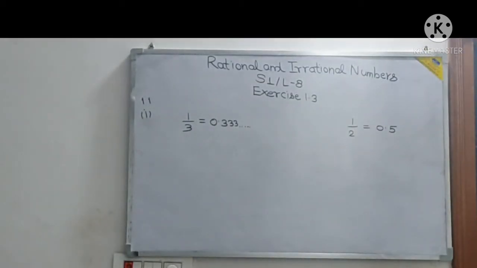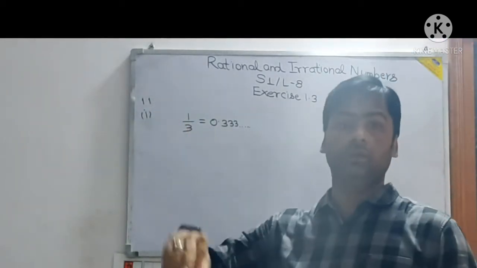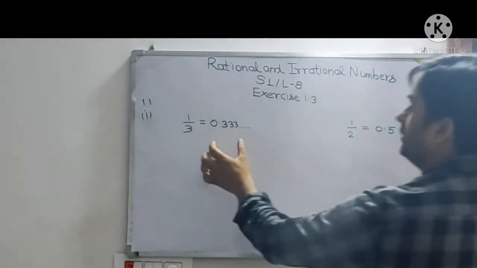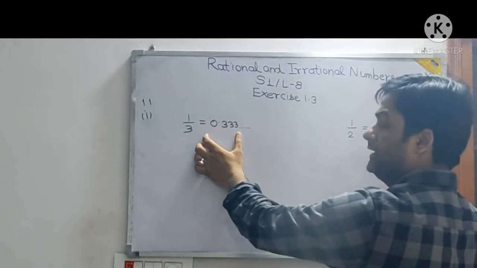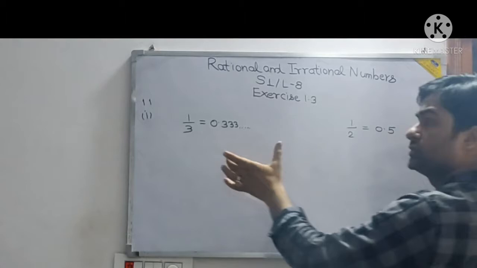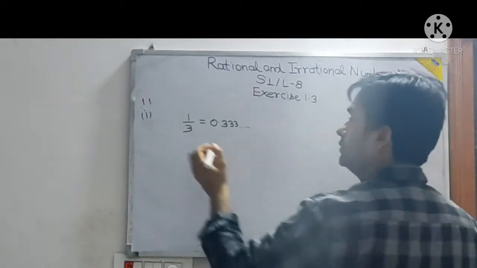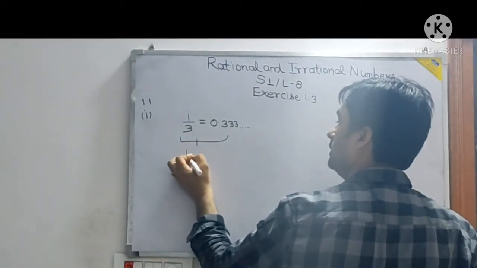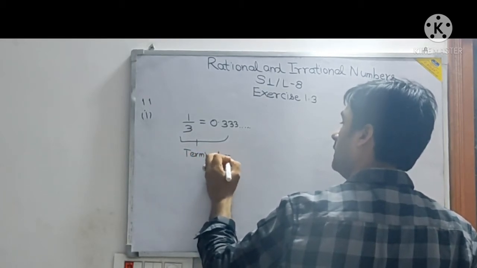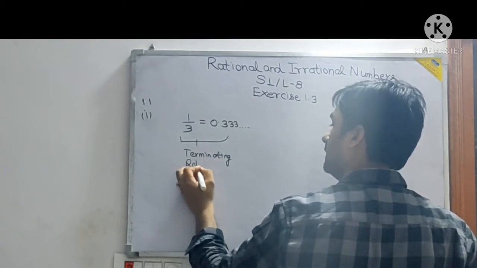Whenever a rational number is given in fractional form, where the denominator is not 1, the first thing you will do is divide and get the value. It may be terminating, or non-terminating and repeating, or recurring.